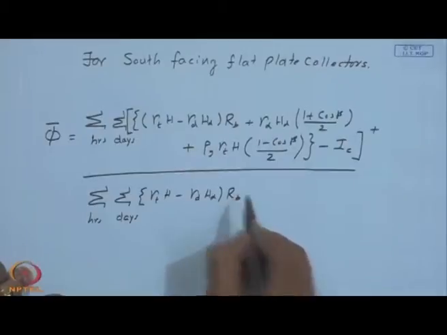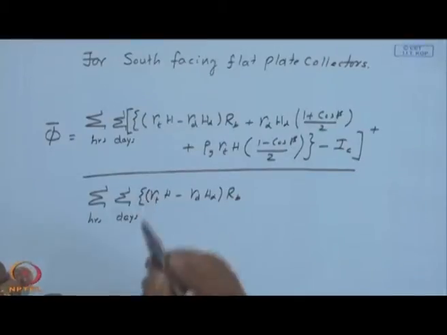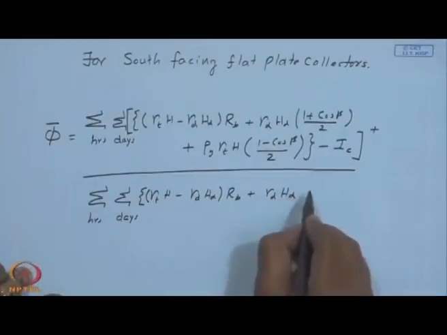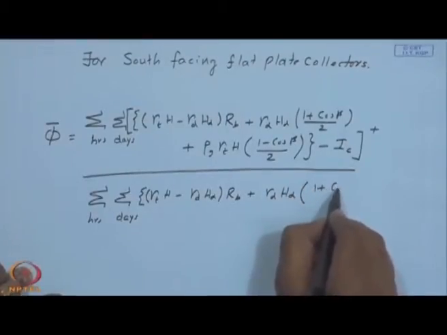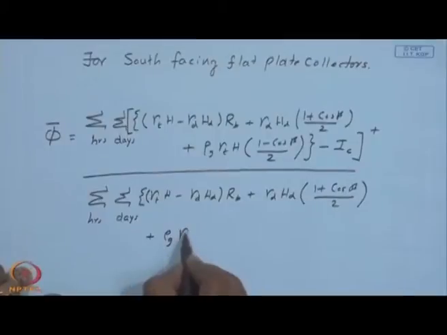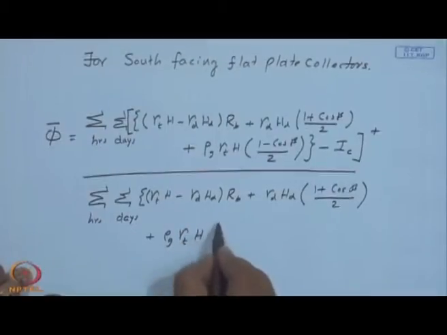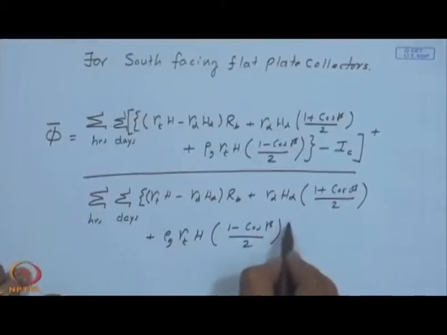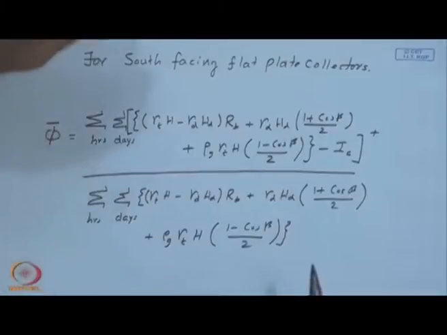Times R b plus R d h d times 1 plus cos beta by 2 plus rho g r t into h times 1 minus cos beta by 2, curly bracket closed.